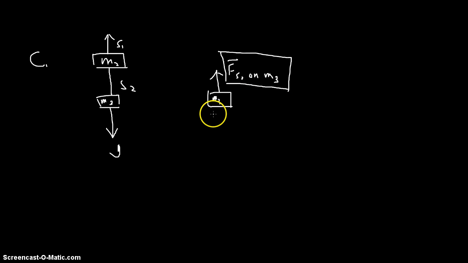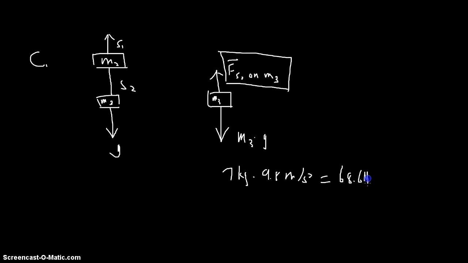So the total force downwards is M3 times gravity, which is 7 kg times 9.8 meters per second squared. Again, pardon my handwriting. Which is equal to 68.6 newtons. However, it's not falling down at this pace.